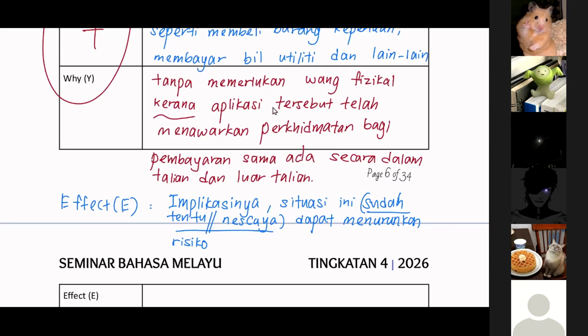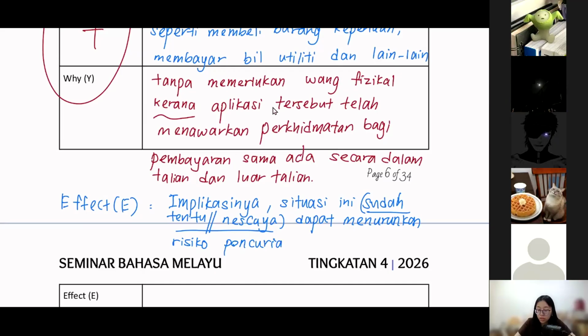Anything that you can, what else? Pencurian. What else you can reduce? Or you want to say other benefits also can? Oi, you all got use e-wallet or GrabPay to buy something one, right? So what do you think? No need to carry a big wallet, okay? Okay, done.